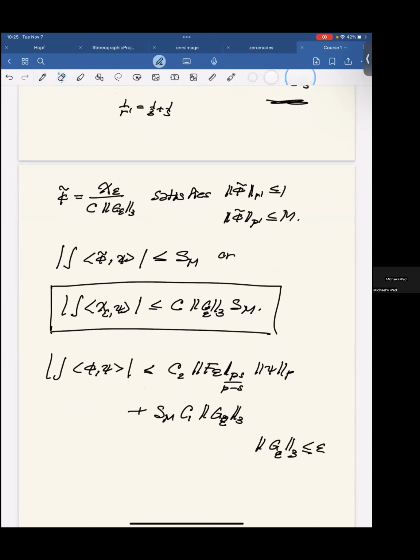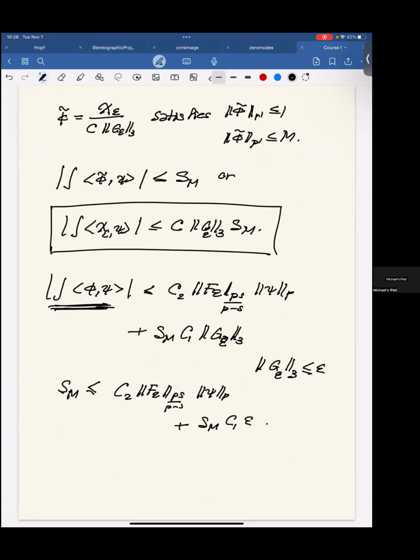So we learn that the Sm, remember, I take the sup now over all these phi's, is less or equals C2 f epsilon plus Sm C1 times epsilon.